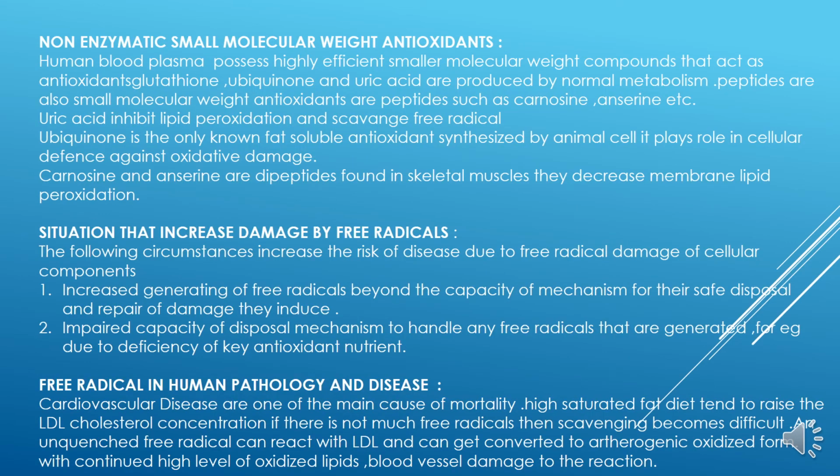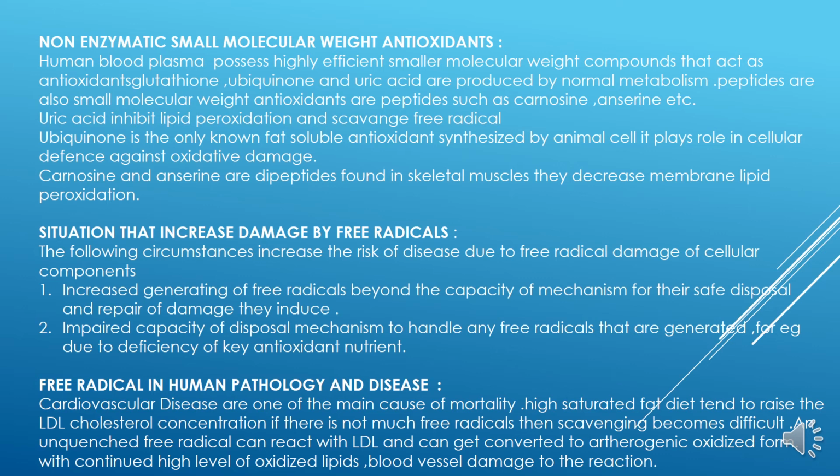Non-enzymatic small molecular weight antioxidants. Human blood plasma possesses highly efficient smaller molecular weight compounds that act as antioxidants. Glutathione, ubiquinone, uric acid are produced by normal metabolism. Peptides are also small molecular weight antioxidants, such as carnosine and serine, etc. Uric acid inhibits lipid peroxidation and scavenges free radicals.